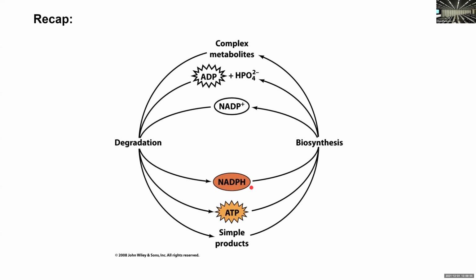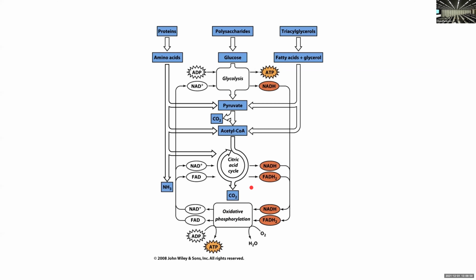Okay, we can just skip this recap, but basically what we've learned so far is that we talked about all the enzymes involved in breaking these big molecules into small molecules, and also glycolysis, the glycolytic pathway, all the enzymes there and what the products are, especially NADH as well as ATP.